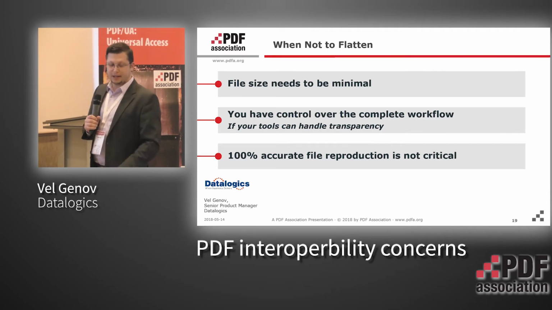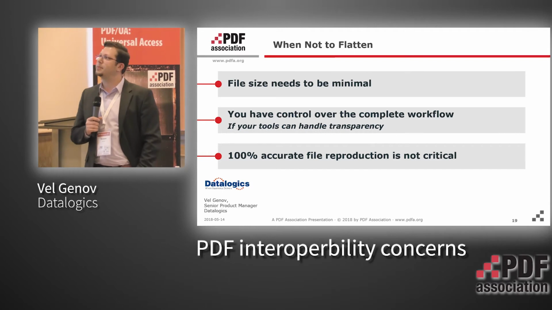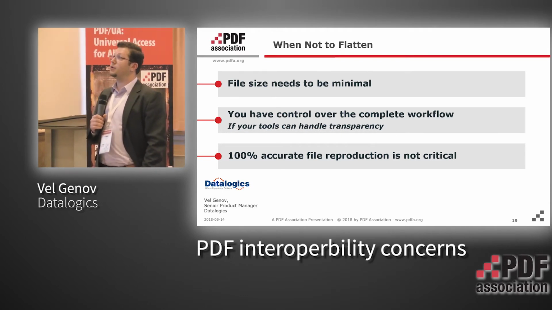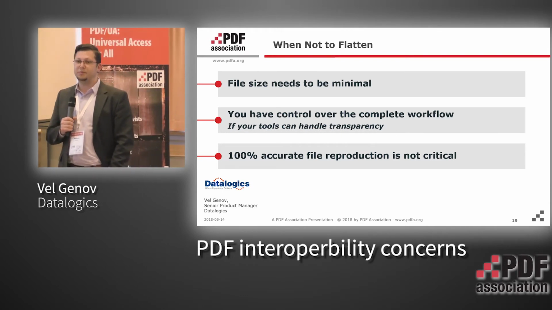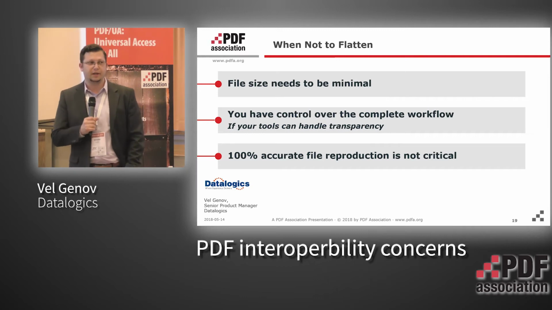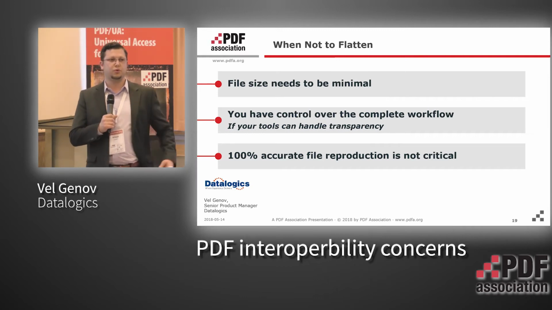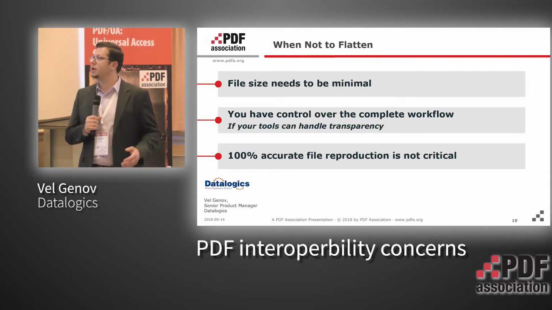So when not to flatten. I mentioned the trade-offs a little bit ago. I mentioned that flattening might help you in some cases. When your file size needs to be minimal, you shouldn't really flatten your files. When you have control over the complete workflow, you know your tools can handle transparency very well. You know that you can move that file through all of your tools. They're not going to choke on it.